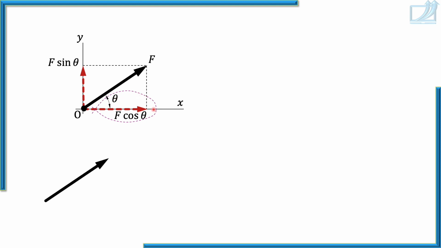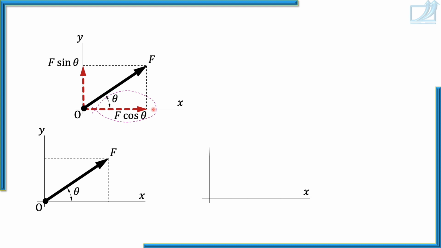Now here is the same force F that makes angle theta with the x-axis. Now here I am drawing another system of forces that consists of F cos theta and F sin theta. From this diagram we know that these two systems are equivalent.